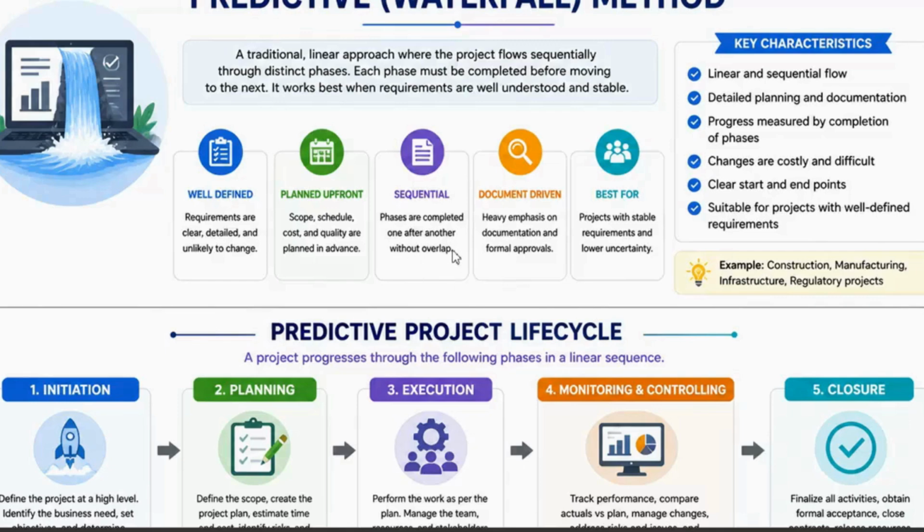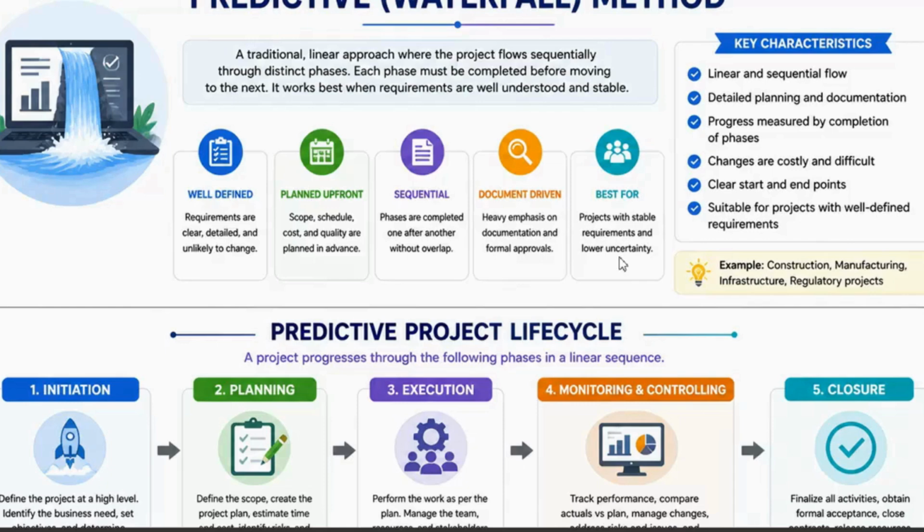This is the important thing you have to notice. And it is document driven, so they will document every single thing. Heavy emphasis is on documents and formal approvals. Formal approvals from senior management are required. There are so many things to follow. And it is best for projects with stable requirements and lower uncertainty.